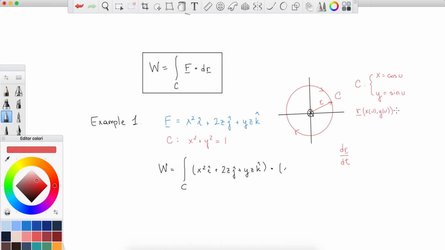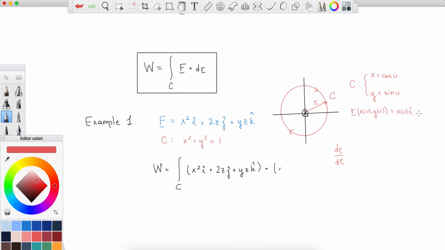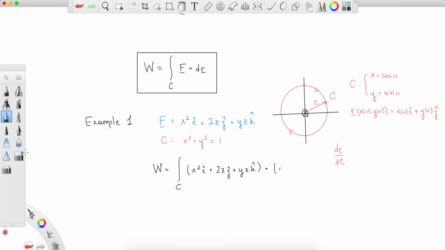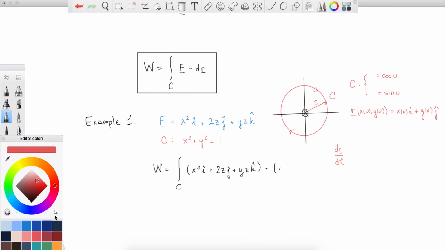This would be equal to x(u) i plus y(u) j, where, to be more precise, this would be x of u and this would be y of u. In other words, this is equal to cosine of u i plus sine of u j.